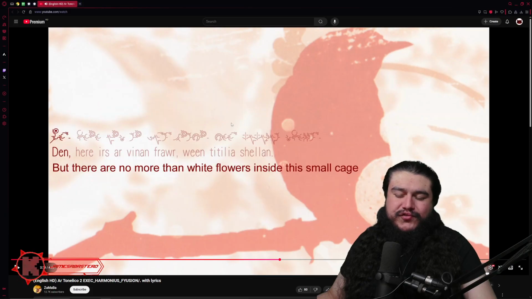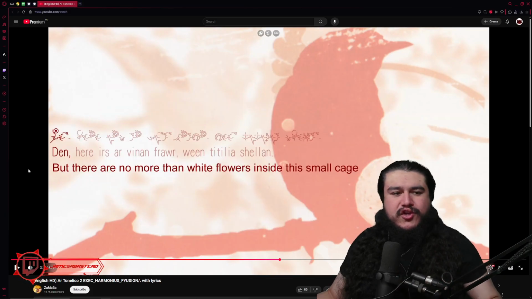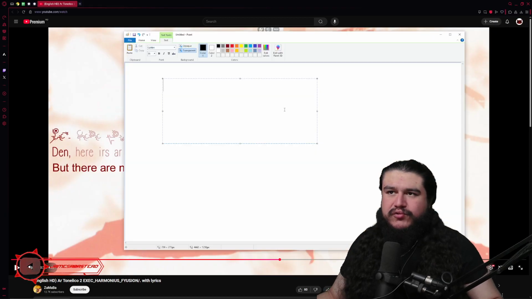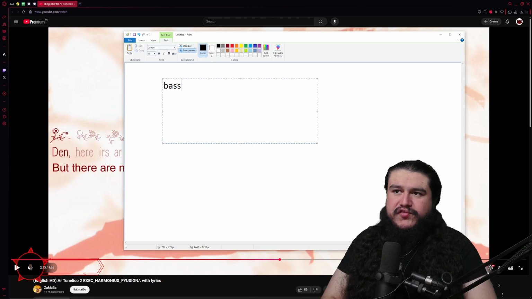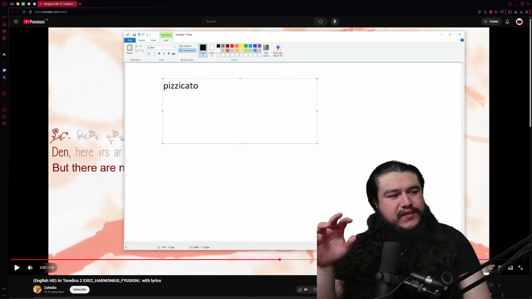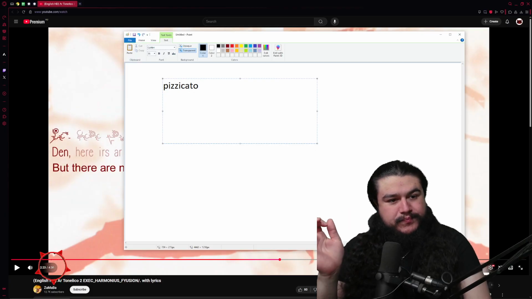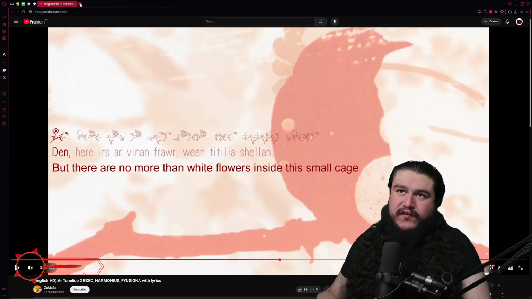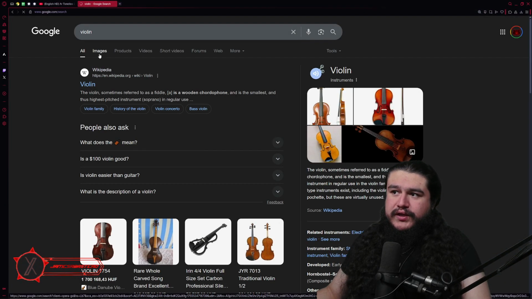And now the strings split in two main things. We are having the bassi do one of my favorite things for the strings to do. The bassi are now doing what is called a pizzicato. Pizzicato in music theory means to pluck the string. So if you've ever seen a violin, if you haven't, let me show you.